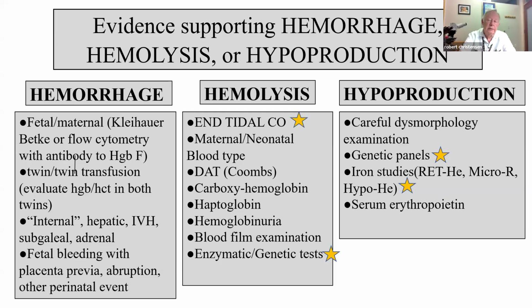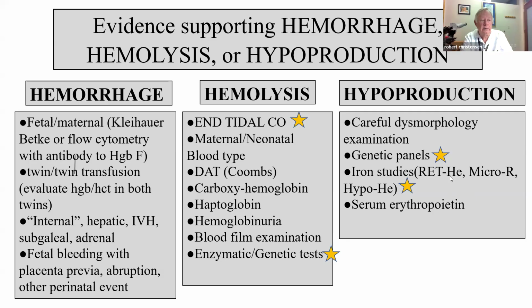Of course, we use enzymatic panels or genetic panels. For hypoproduction, a rare cause of neonatal severe anemia at birth, careful dysmorphological examination, genetic panels, iron studies, because we can't forget that iron deficiency can occur at birth, particularly if the mother is profoundly iron deficient herself.